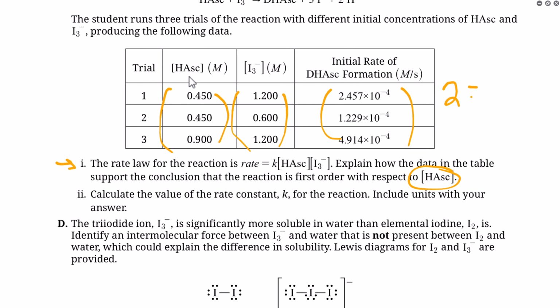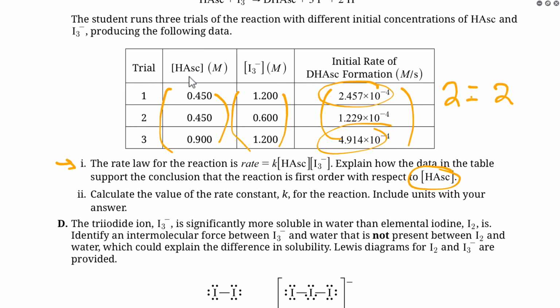If you can't visualize that by seeing these 2 numbers, take the bigger number and divide it by the smaller number. So 4.914 times 10 to the negative 4th divided by 2.5457 times 10 to the negative 4th. And when we divide these values, we get 2.